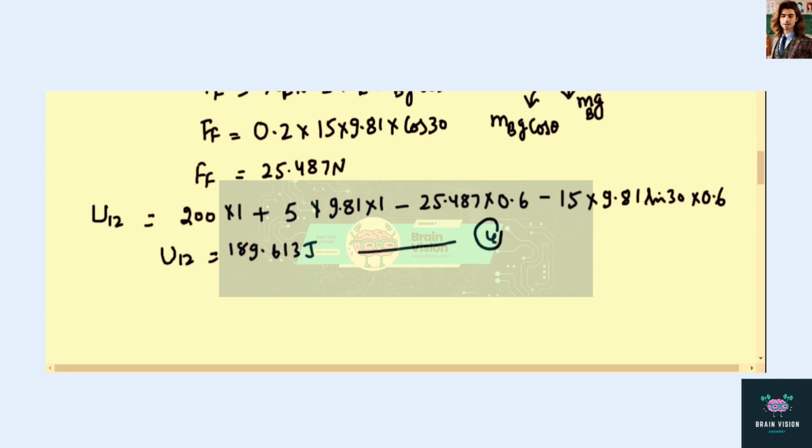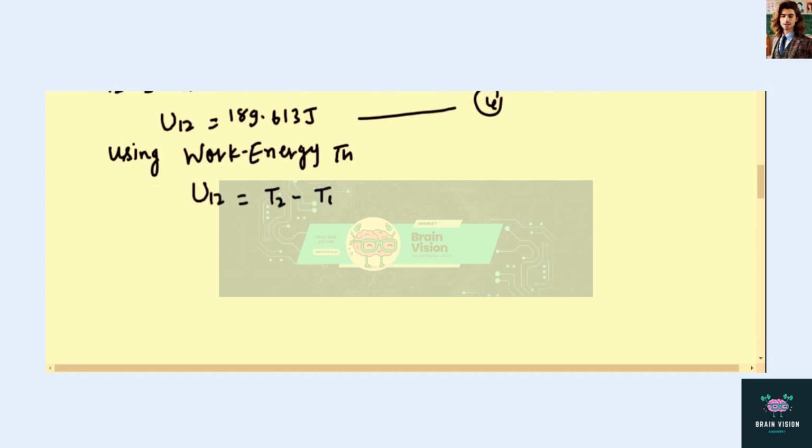Now using work energy theorem, work done will be equal to change in kinetic energy, T2 minus T1. Substituting the value from equation 3 and 4, we will get 189.613 is equal to 8.272 VA square minus 0.